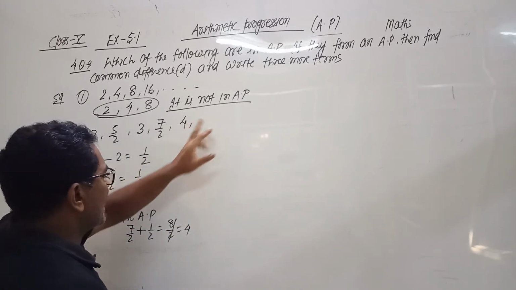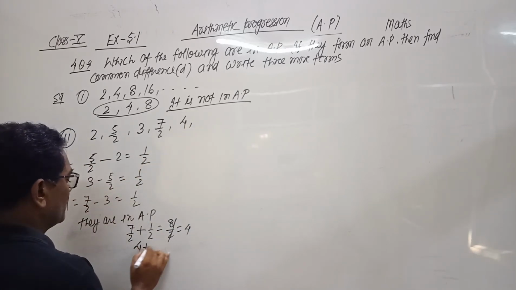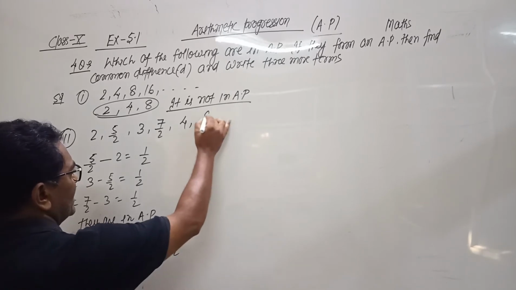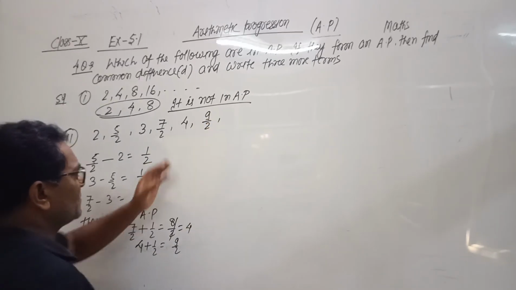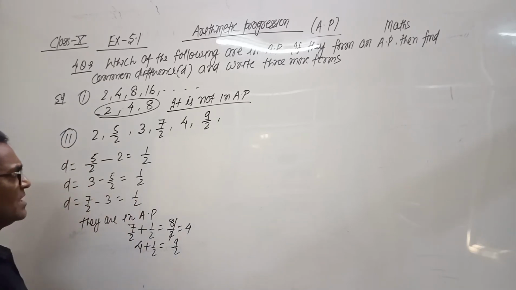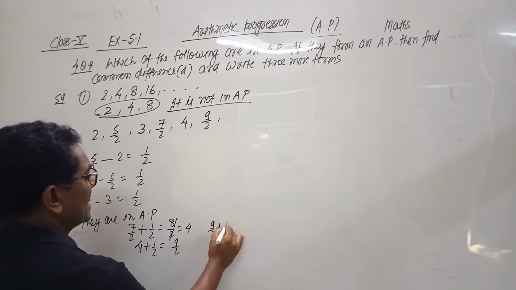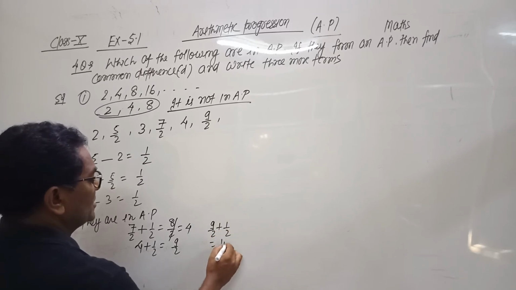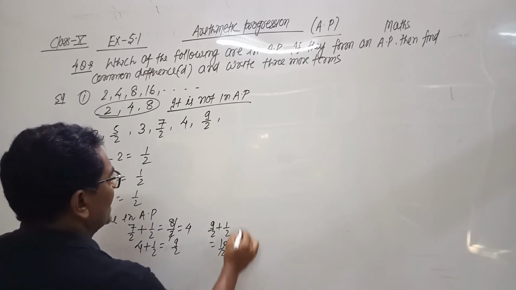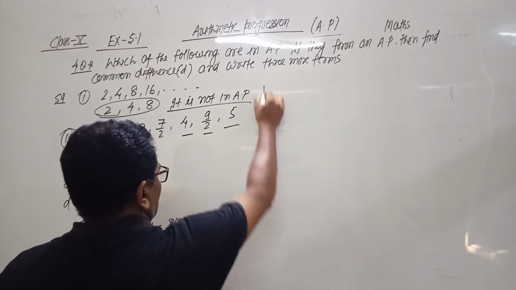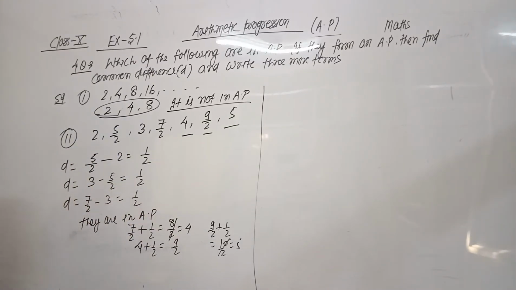Then again add 1 by 2: 4 plus 1 by 2, 8 plus 1, we get 9 by 2. Then for the next term, again we add 1 by 2, so 9 by 2 plus 1 by 2 is 10 by 2, which gives 5. So these are the three next terms, and the series is in AP.